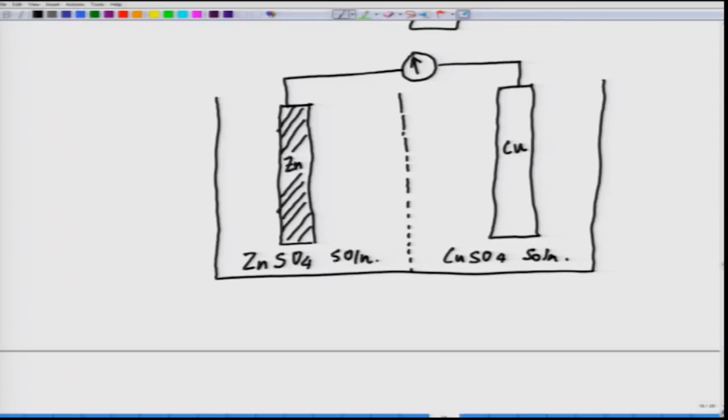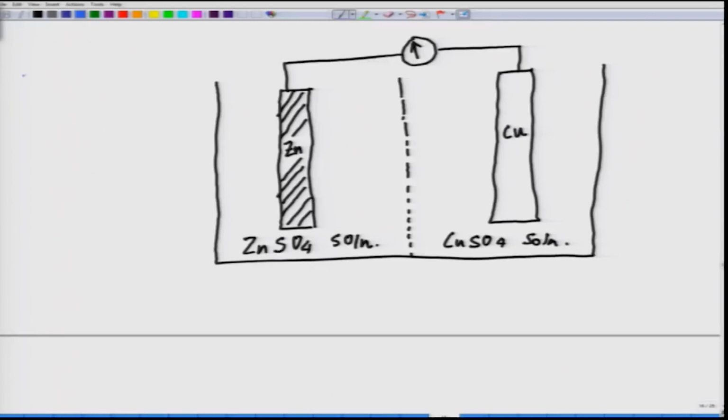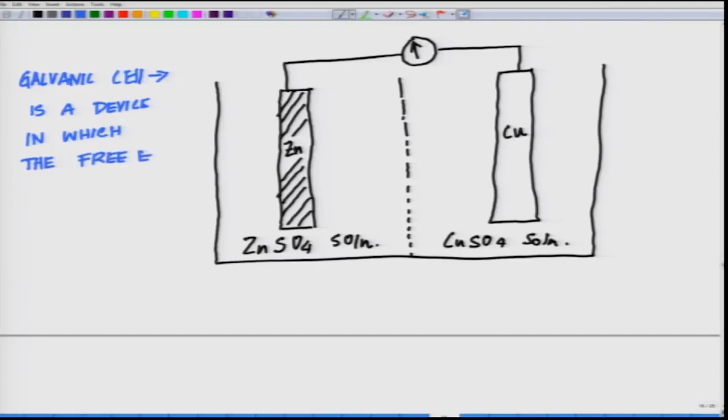Okay. So, if we talk about a definition of a galvanic cell, I will come back to that figure in a second. I can write here: a galvanic cell is essentially a device in which the free energy of a chemical process is converted into electrical energy.